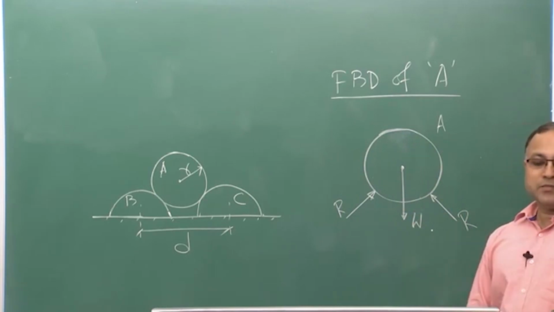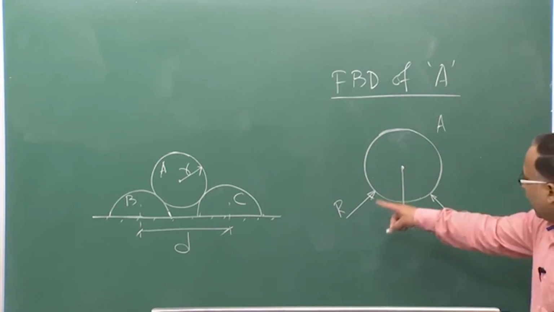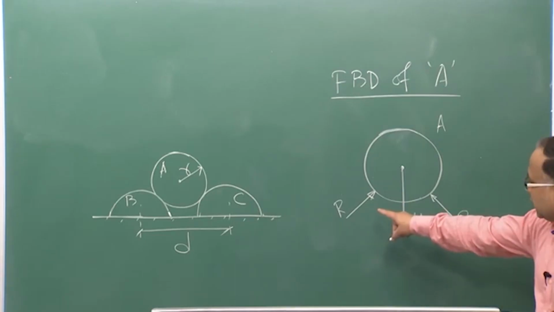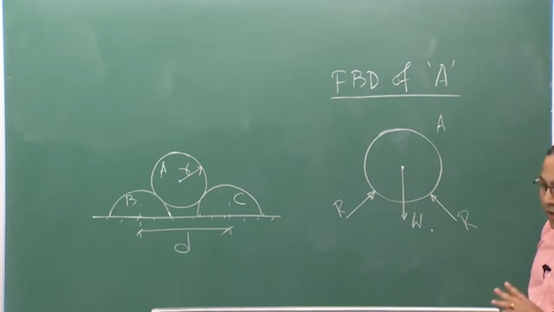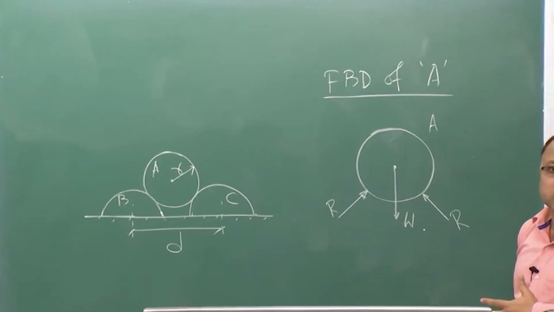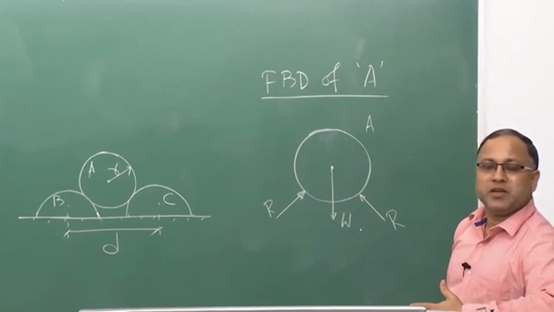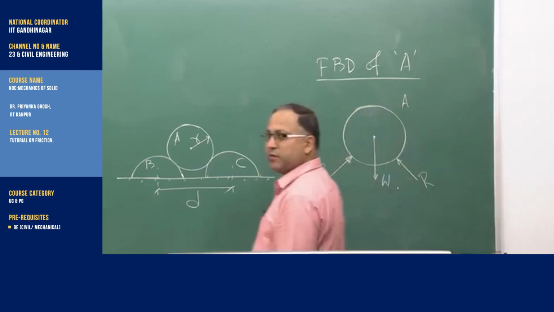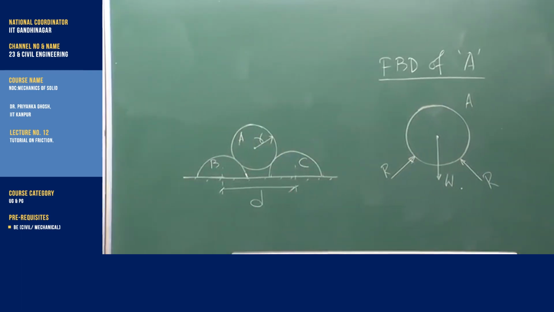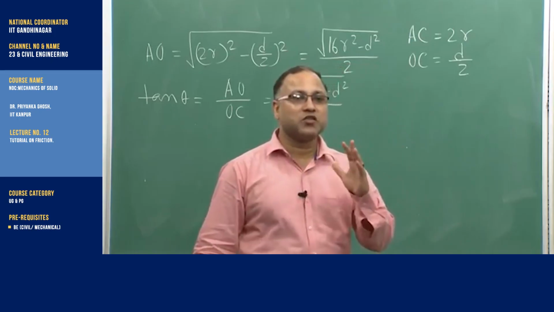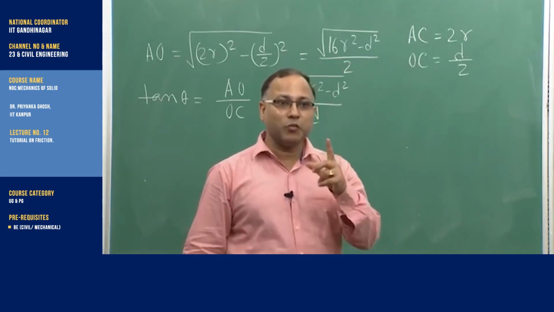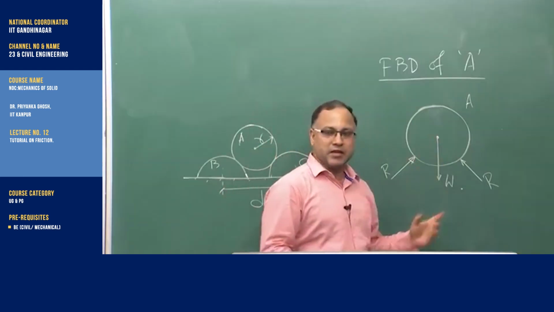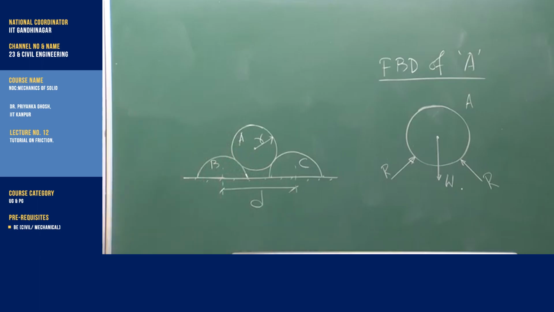Now you may ask how the direction of the line of action of the reaction R can be chosen. This is a three-force member. Then the reactions R must pass through the common point, the center, because W acts at the center of the cylinder, that is the CG.